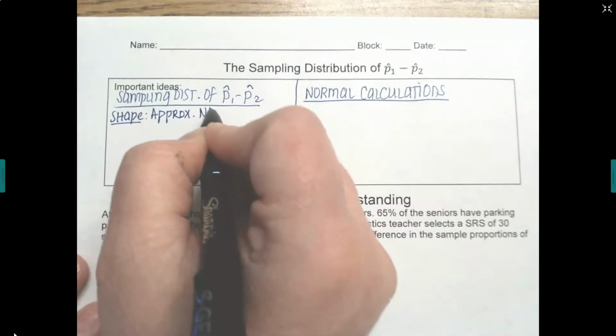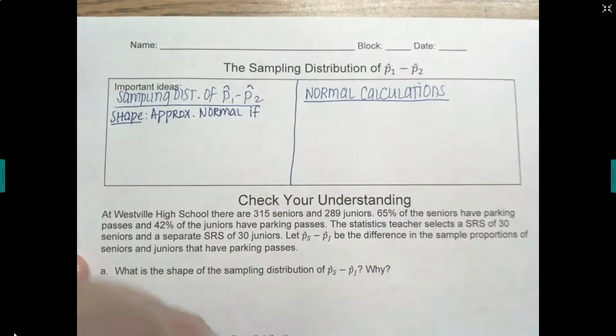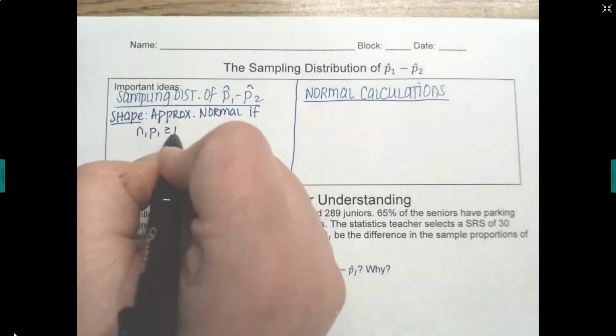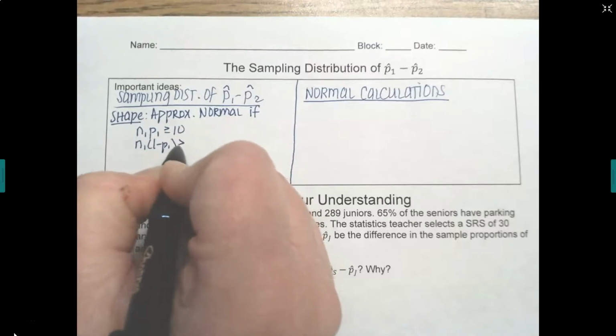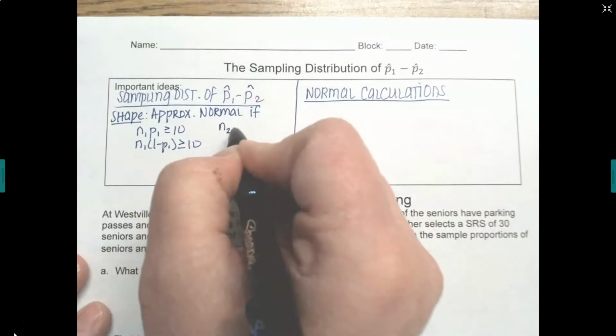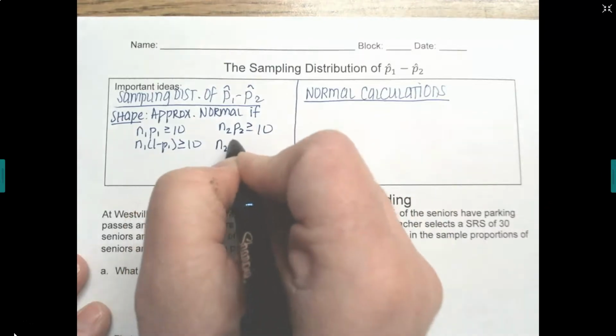So it's going to be approximately normal if you check those four conditions of these being greater than or equal to 10. All four must be true for this to work.